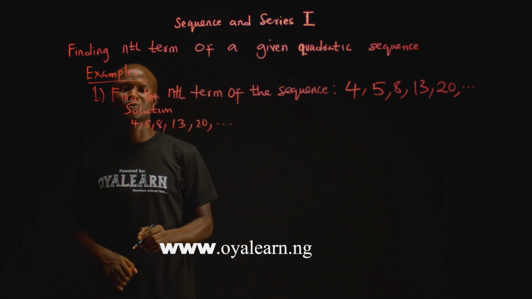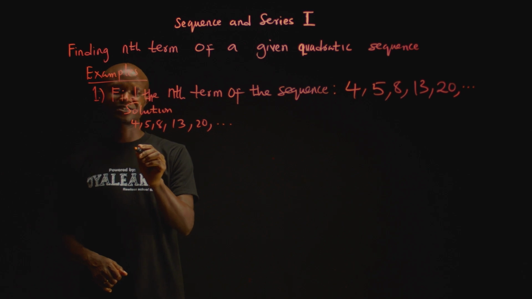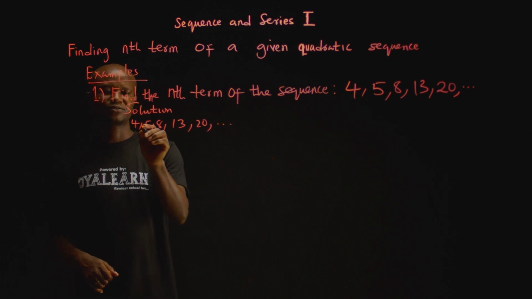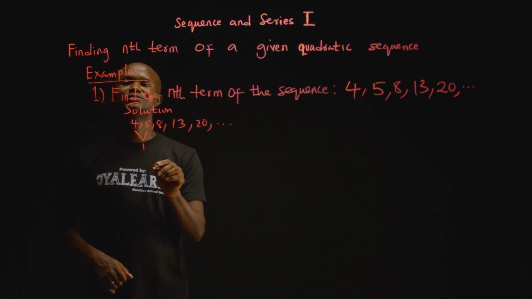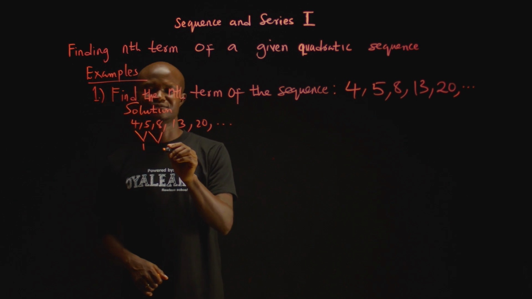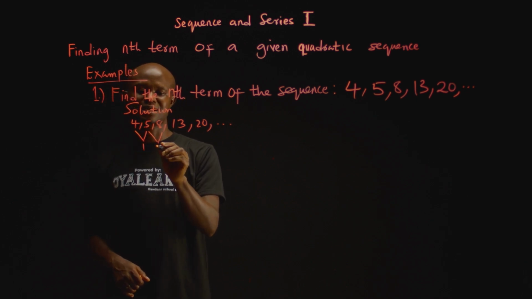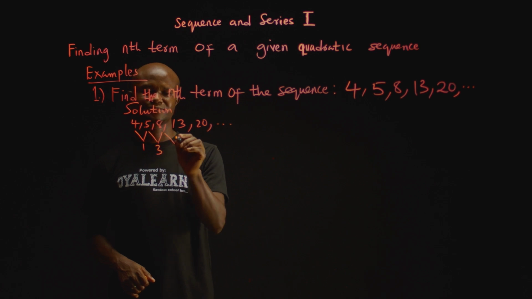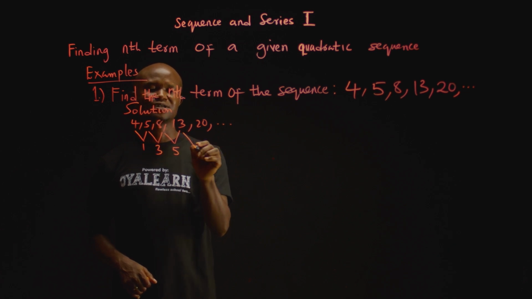Now looking at this sequence, we check the difference first. 5 minus 4, we have 1. 8 minus 5, that is the third term minus the second term, that's 3. 13 minus 8, the fourth term minus the third term, that is 5.